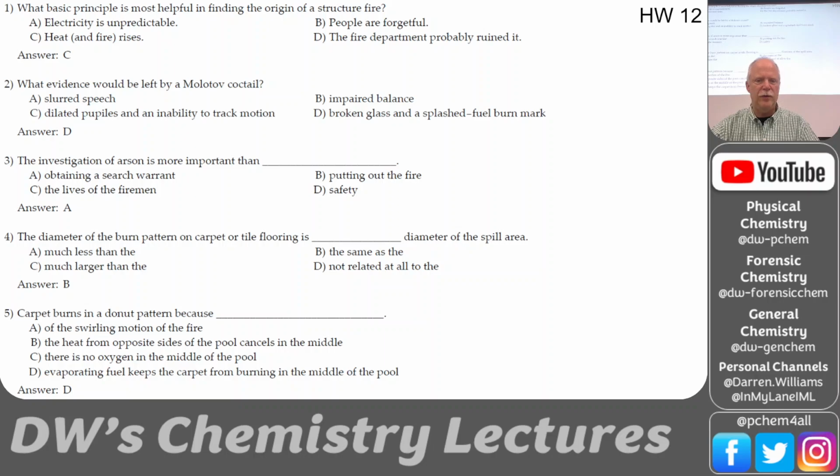Does it talk about streamers in here? Let's see. It's carpet, donut pattern and carpet for sure. That's a pool fire. But there's also streamers where maybe they run gasoline in a stream to connect multiple rooms. That's a telltale sign because that's not a natural burn pattern when you have a really narrow trail of burning.